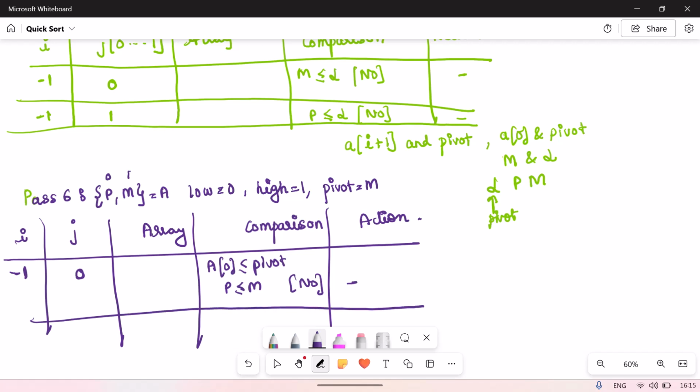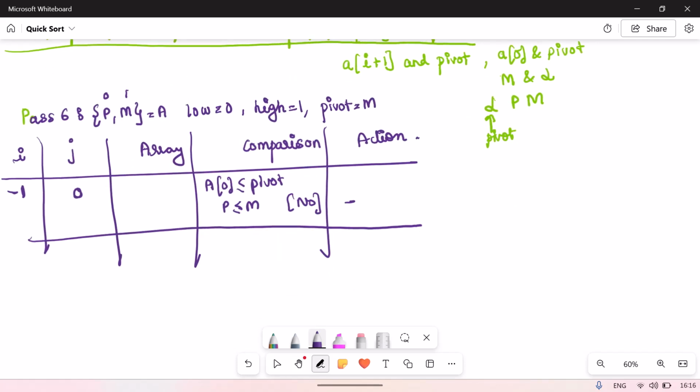So this ends it. Then you have to do what? Increase the value of i by 1 and exchange it with the pivot. Remember, i is -1. So this becomes A of 0 now by increasing, and the pivot will be exchanged. So A of 0 is P and A of pivot is M. So this will become M and P now after the swapping.